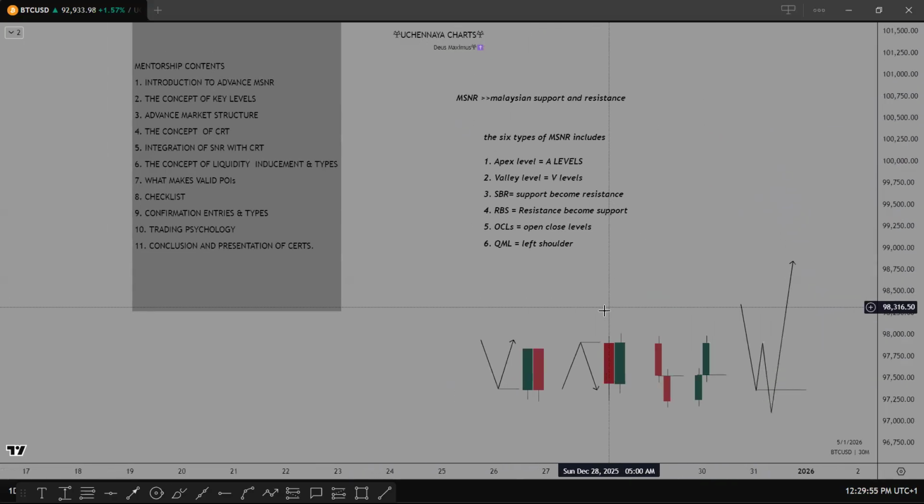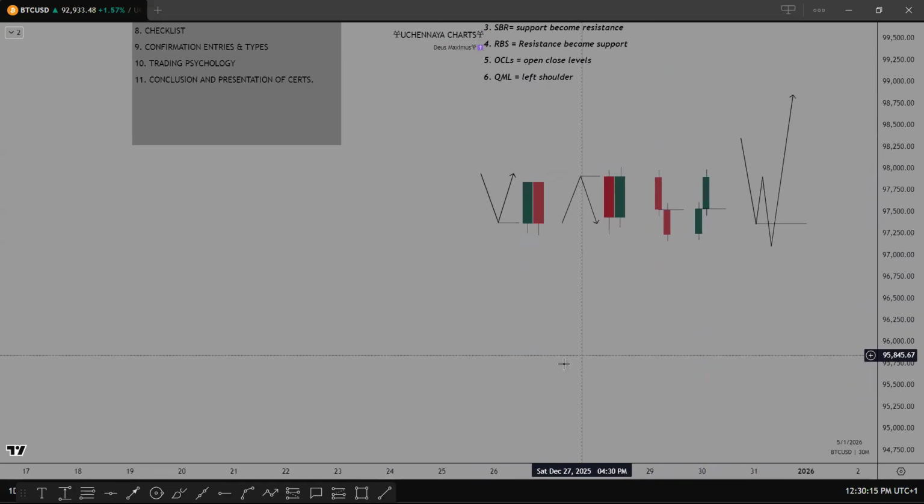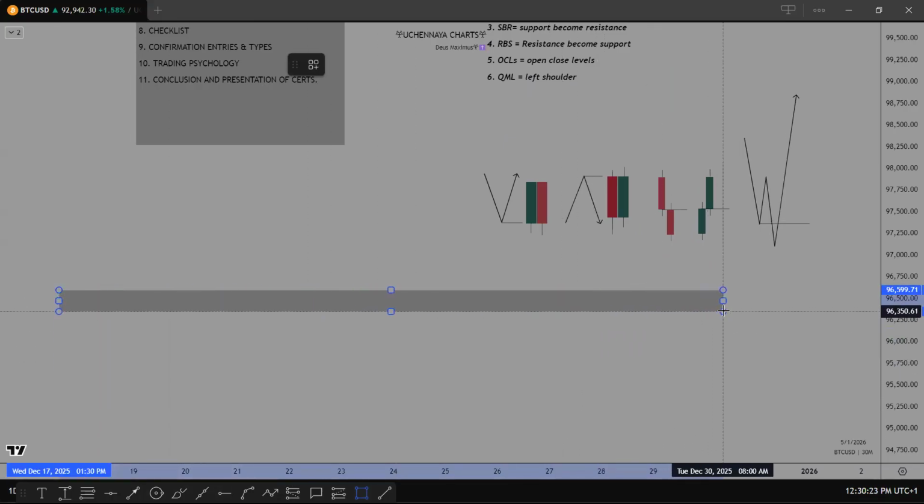Okay. So they've even made me forget what I was trying to say. Now when it comes to these levels, SNR is basically about two candlesticks. The support and resistance that we trade is just two candlesticks. We do not trade levels or zones, right?